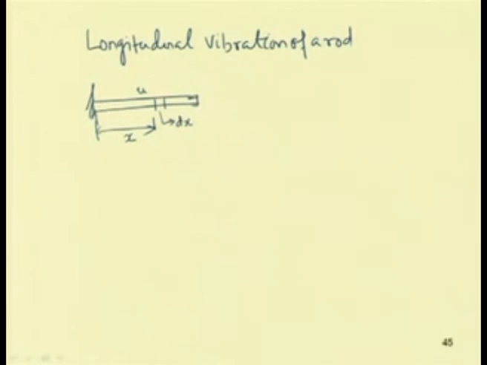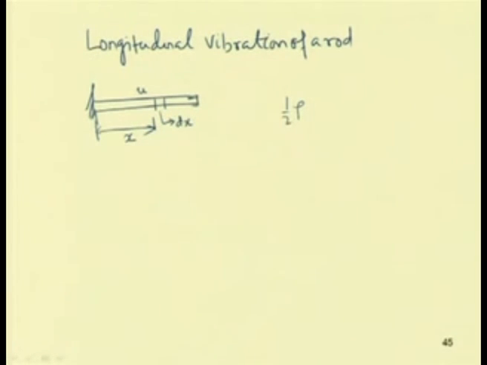So, we can write the kinetic energy of the system. For the small element, the kinetic energy will be equal to half mass of the small element into velocity square.